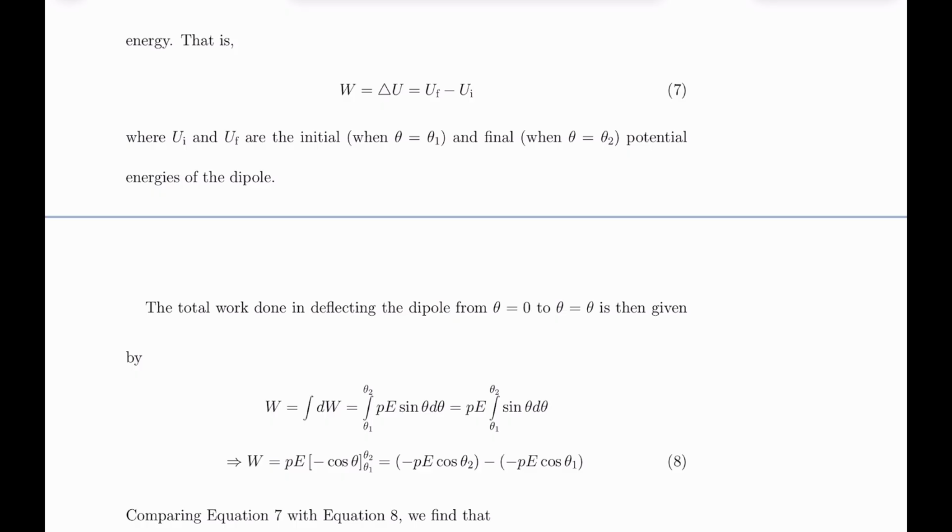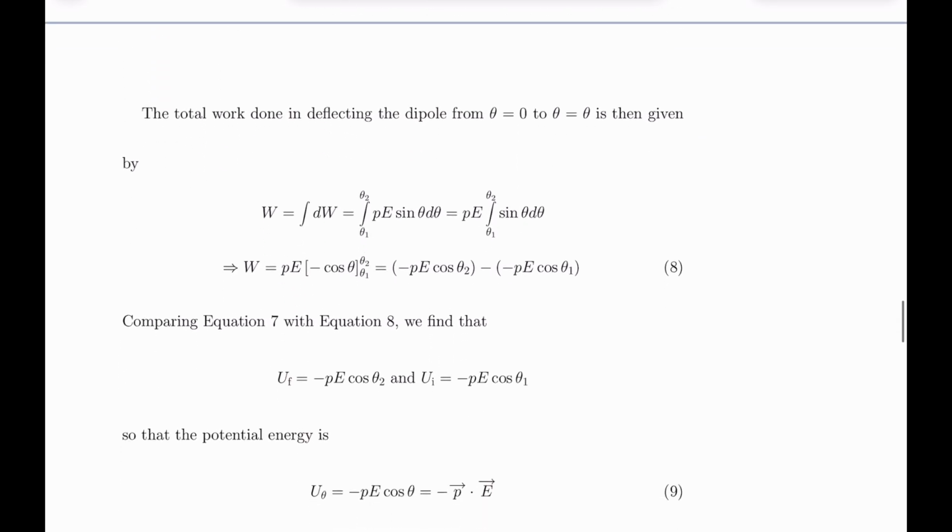So if you compare equation 8 with equation 7, it is easy to see that minus PE cos theta 2 is the final potential energy of the dipole in the electric field, and minus PE cos theta 1 is the initial potential energy of the dipole in the electric field.